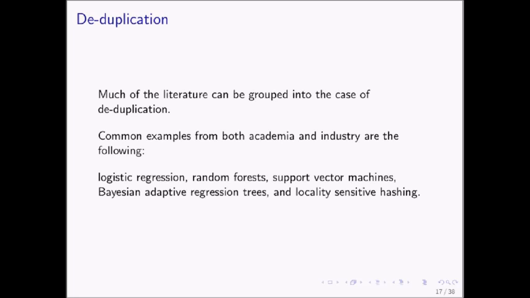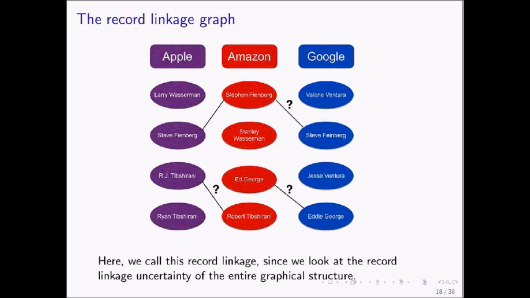Common examples, both in academia and industry, consist of logistic regression, random forest, support vector machines, Bayesian adaptive regression trees, or BART, and locality-sensitive hashing. The main benefit you get here is a drastic computational speedup, and the loss you're getting is the uncertainty cost. So again, I'm calling this process generally record linkage, since we're looking at the record linkage uncertainty of the entire graphical structure.